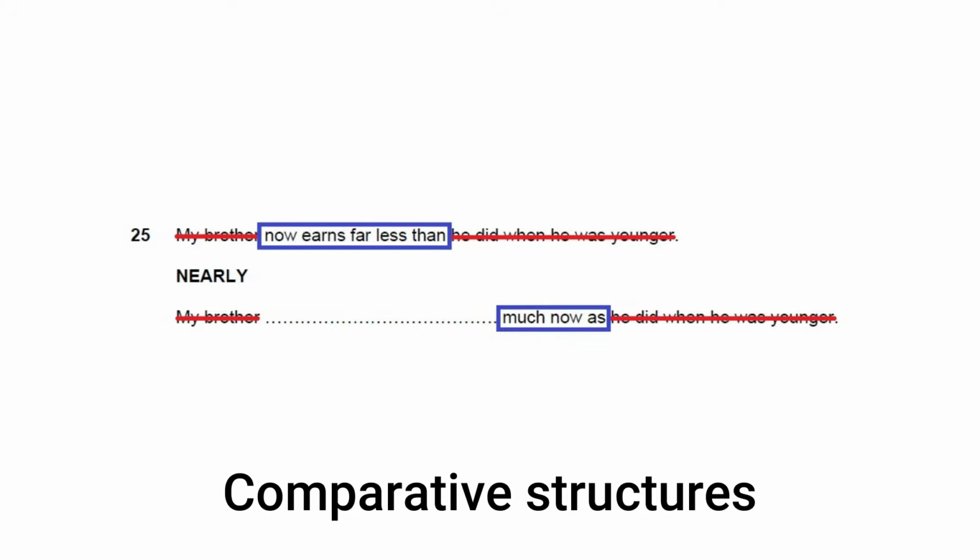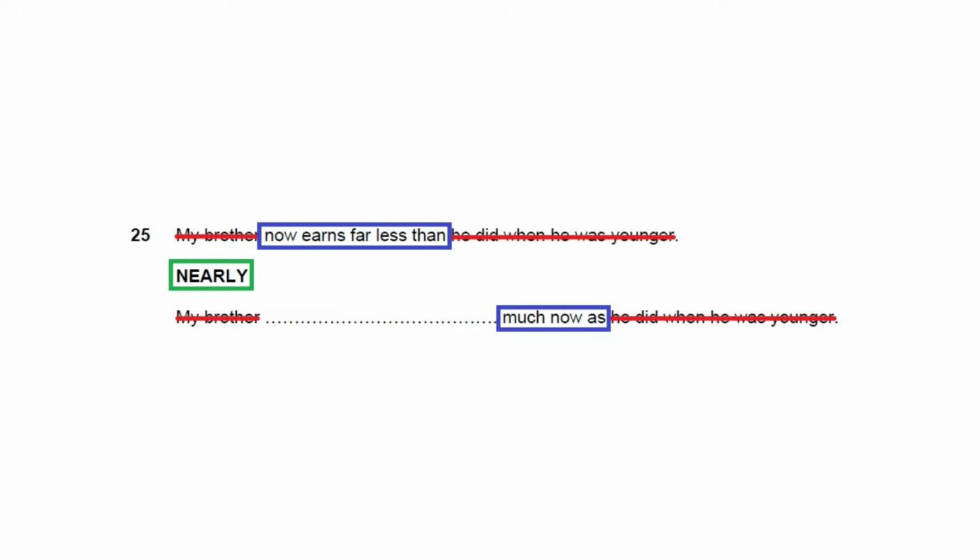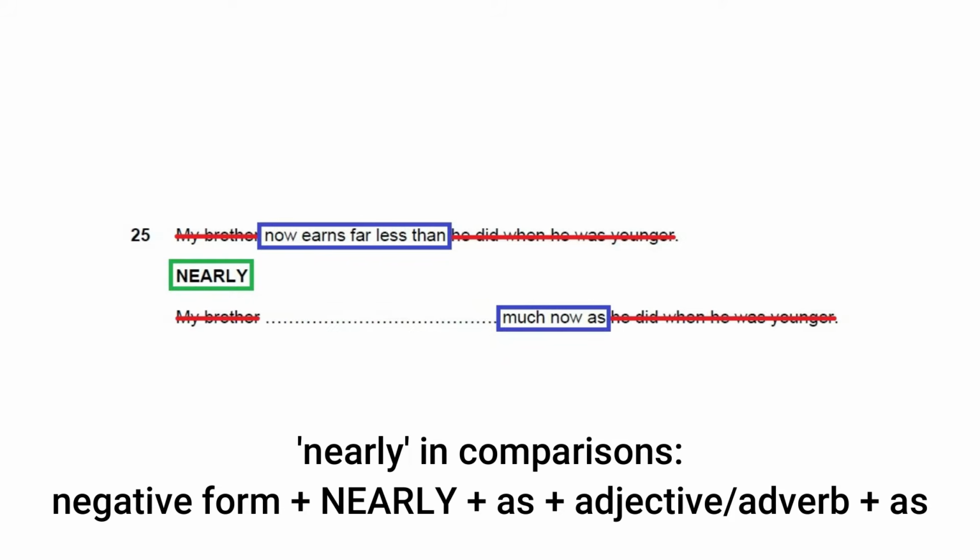Far less describes a big difference between 2 things, so we have to reflect that in the gap. Nearly can be used to amplify a comparison, but only in one specific structure, with a negative verb plus as plus adjective or adverb plus as.